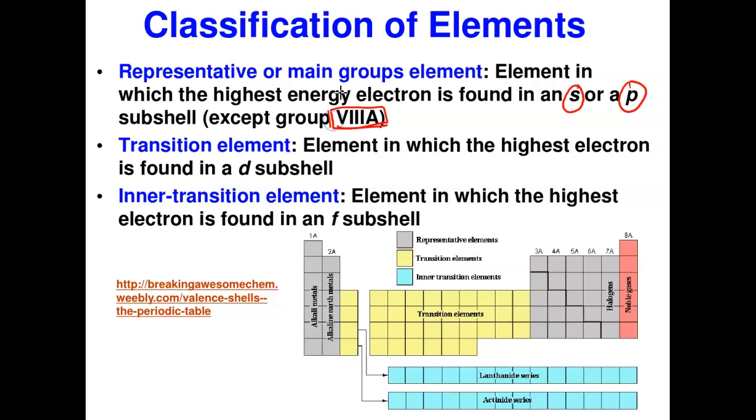We don't call these representative elements because we call them by one name, noble gases; they are special. If you look at that, the representative elements are the ones that we show in the ash or gray color. So group 1A, 2A, 3A, 4A, 5A, 6A, and 7A are elements in the main group.